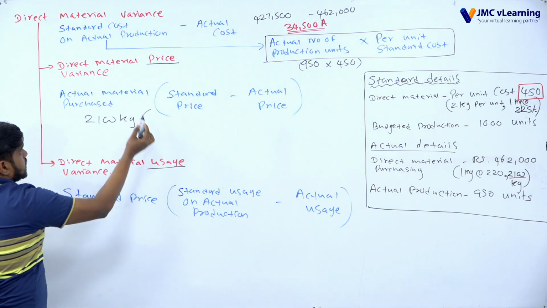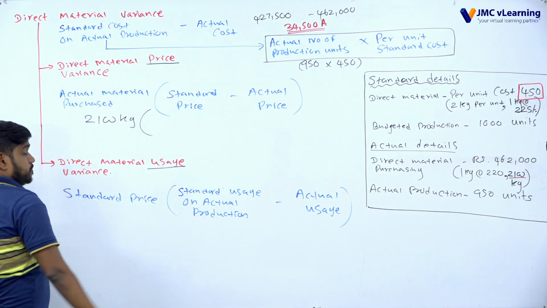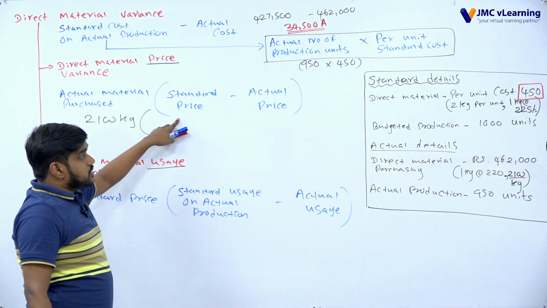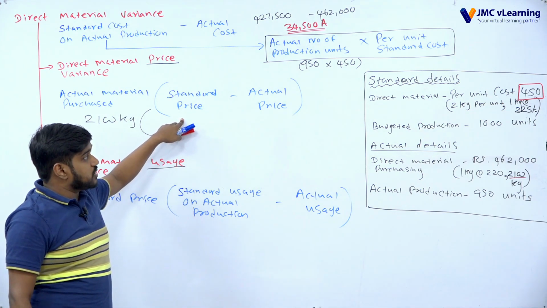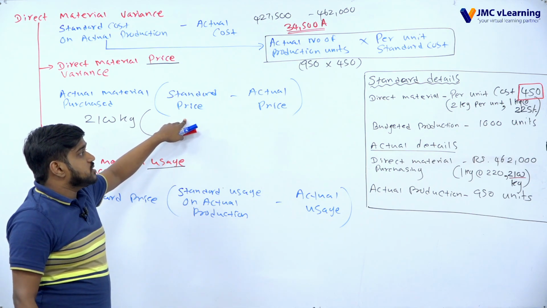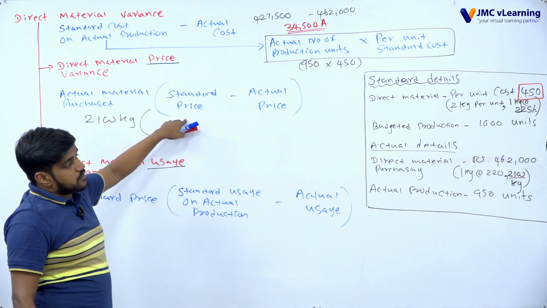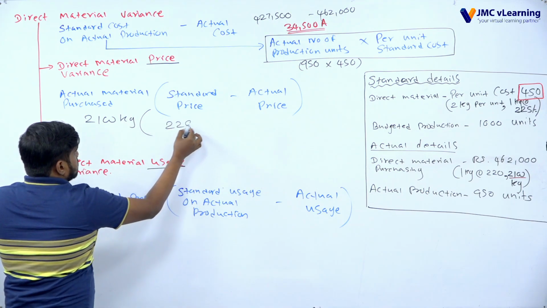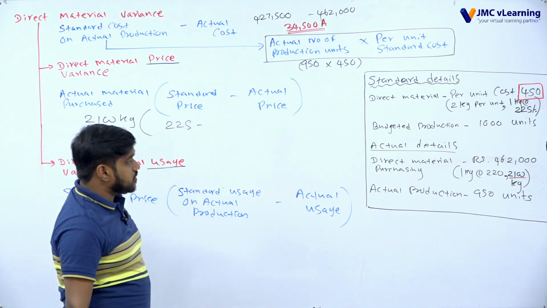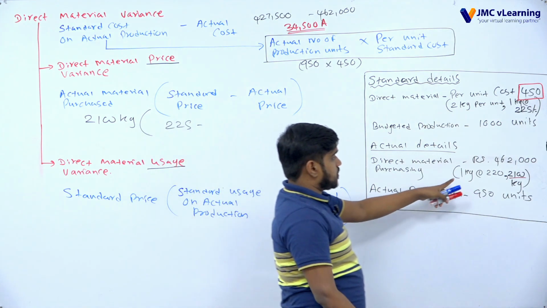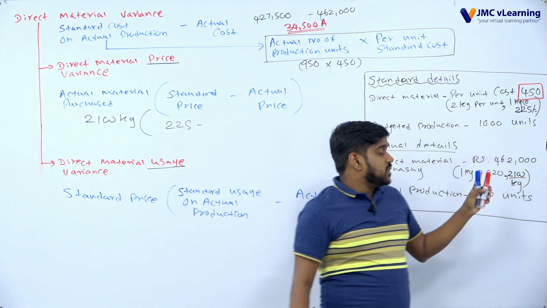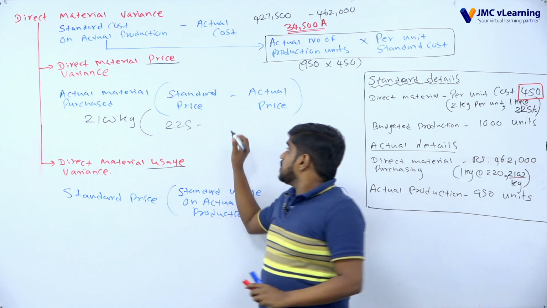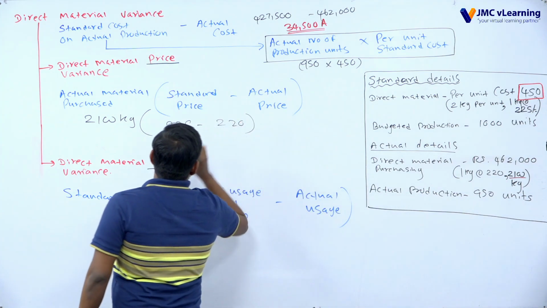Then we multiply it by per kilogram standard price. As per the given detail, 1 kilogram is 225. That means our standard price is 225, but our actual price per kilogram is 220.